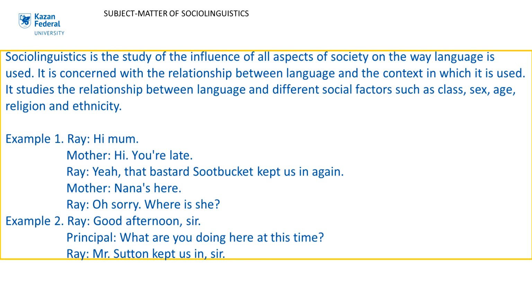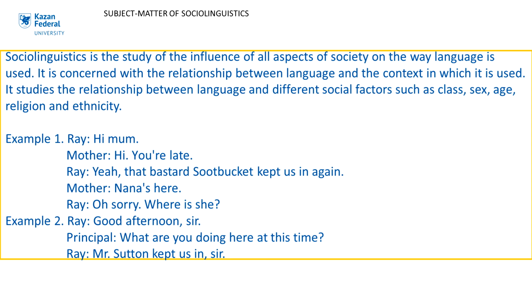Sociolinguists study the relationship between language and society. They are interested in explaining why we speak differently in different social contexts. And they are concerned with identifying the social functions of language and the ways it is used to convey social meaning.